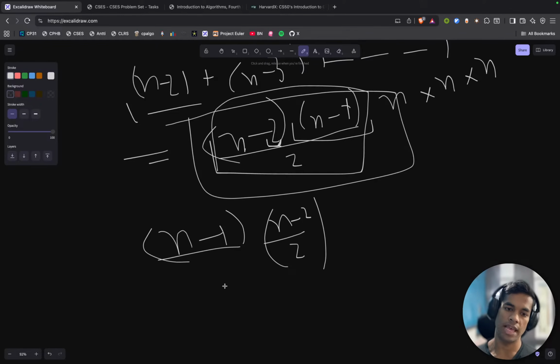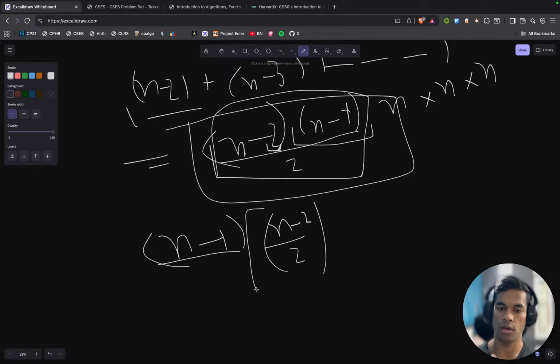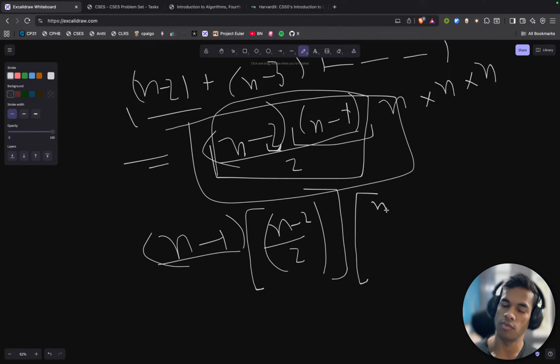If we have n minus 1 t's at a layer, it is going to call n minus 2 divided by 2 function calls. That is almost correct, I think. And then the next one would have n minus 3 divided by 2.